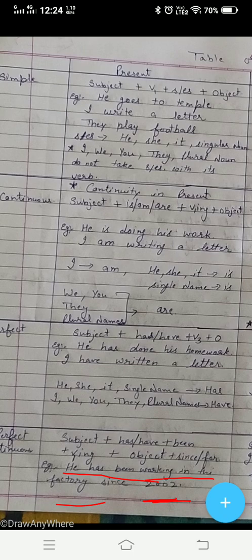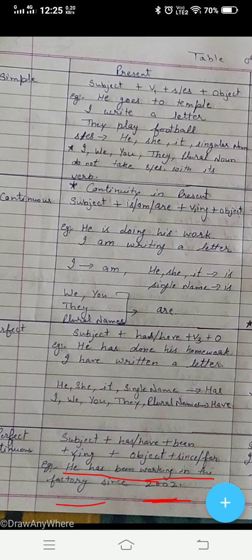Since or for is given here. A slash is written between since and for. So how can we use since or for? When we have an exact time, we will use since. When we have a period of time, then we will use for. Clear?